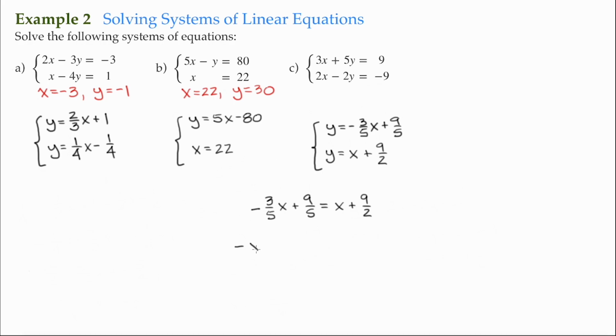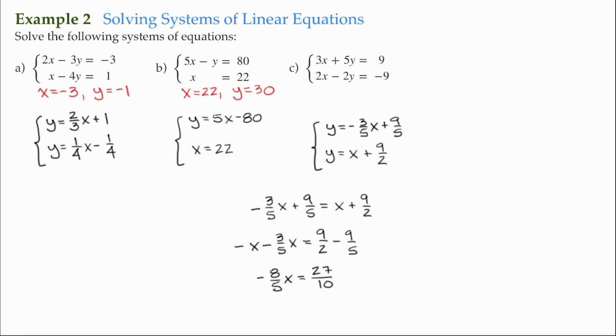We'll have negative x minus 3/5 x equal to 9/2 minus 9/5. Negative x minus 3/5 x is negative 8/5 x. And 9/2 minus 9/5 is 27/10.